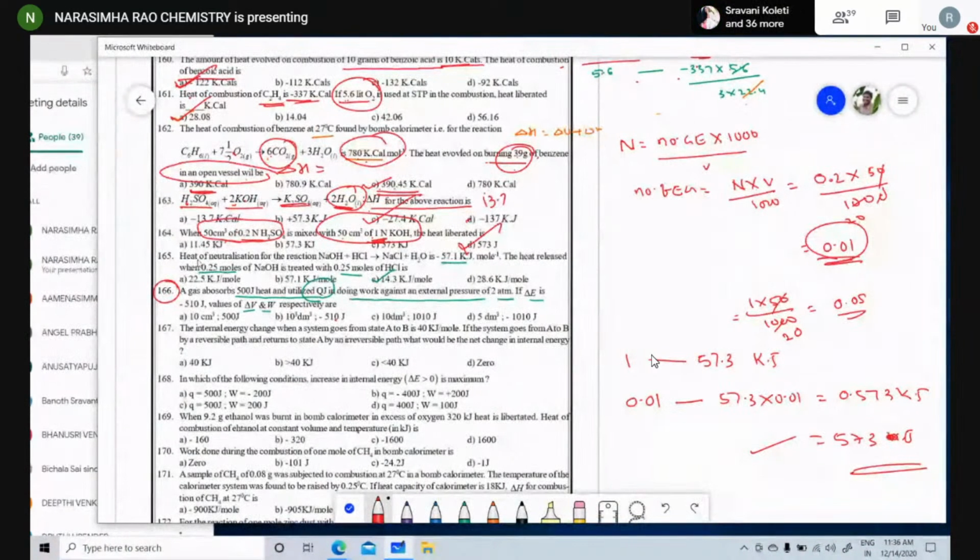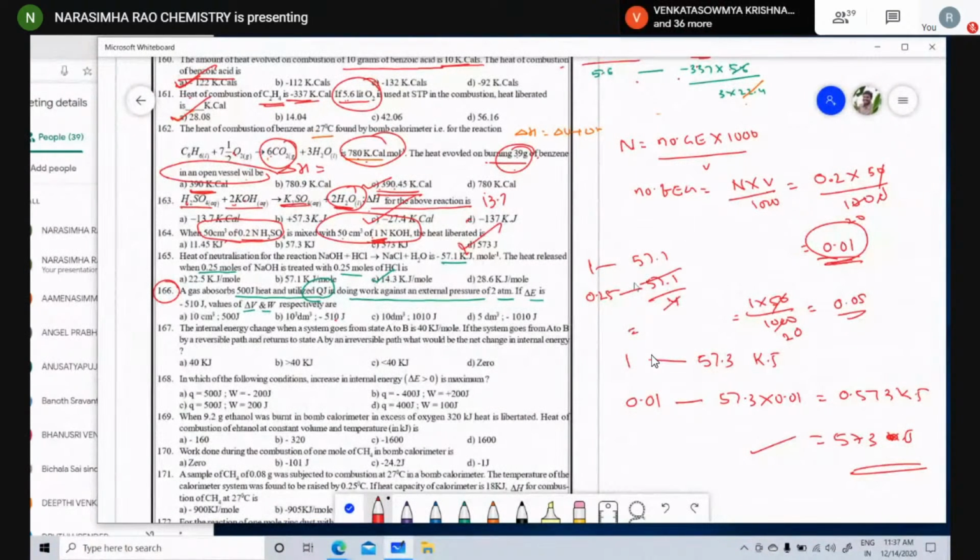Now, the heat of neutralization of NaOH plus HCl is this much. The heat released when 1 mole of NaOH reacts is 57.1, so 0.25 moles gives 57.1 by 4. 0.25 means 1 by 4.